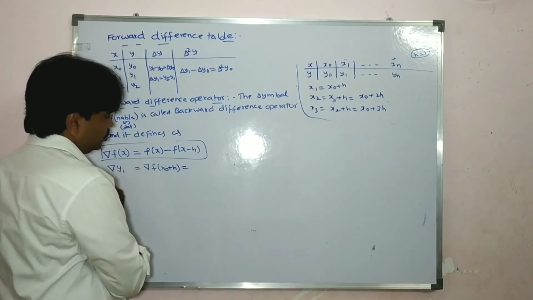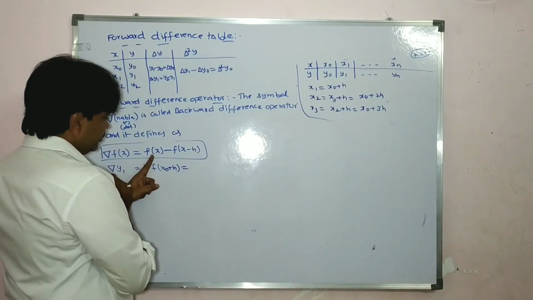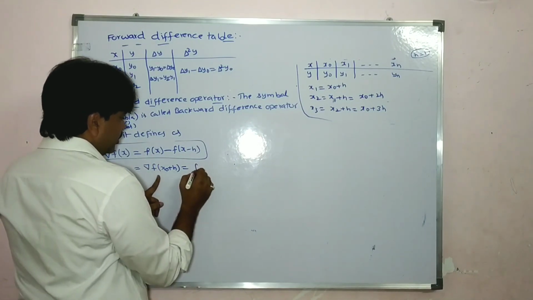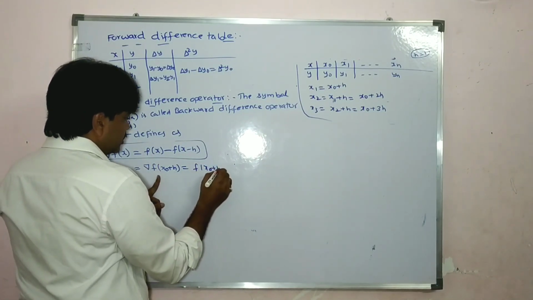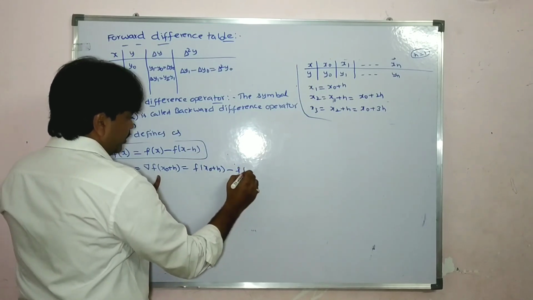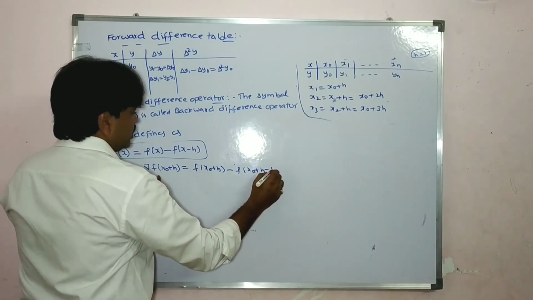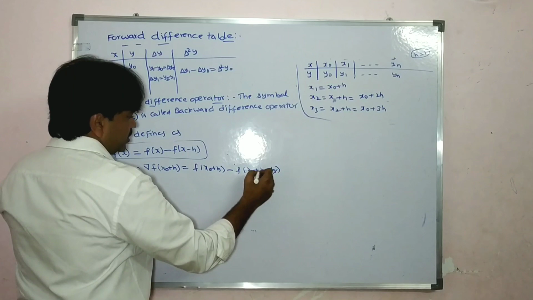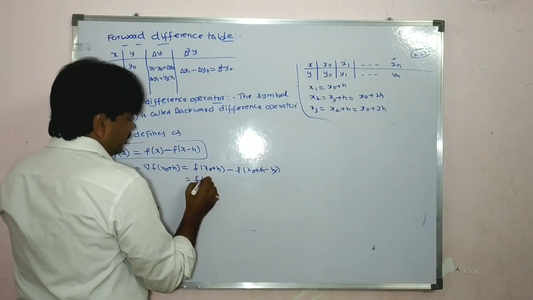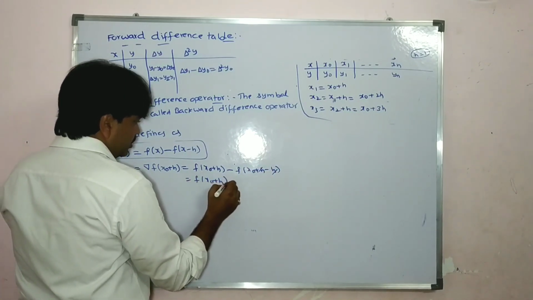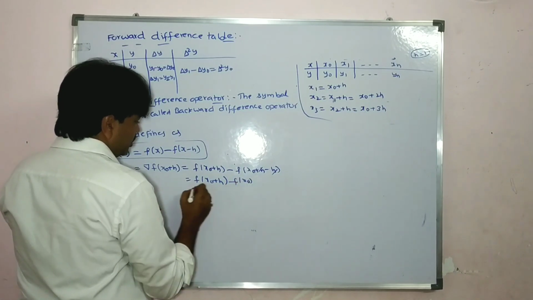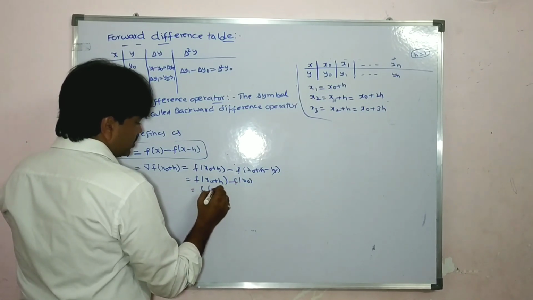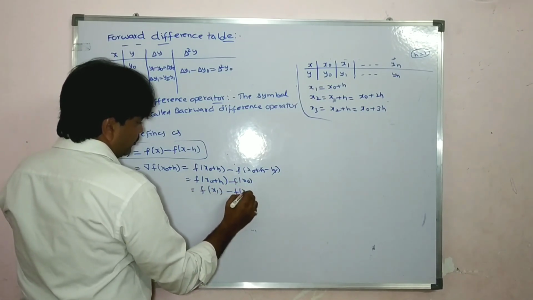So nabla of f of x1 is f of x0 plus h minus f of x0 plus h minus h. Minus h plus h cancel, and we get f of x0 plus h minus f of x0, which is f of x1 minus f of x0.